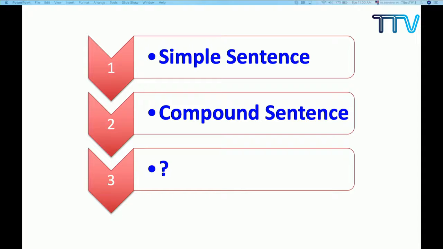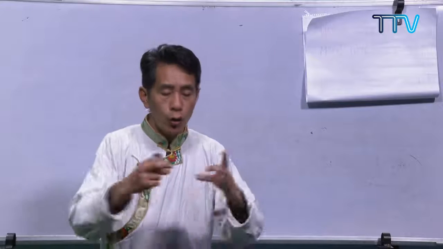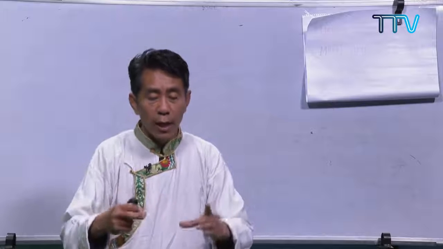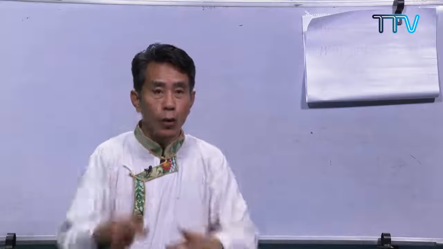Now, in the first session, we learned about the simple sentence. A simple sentence is an independent clause. Compound sentence: two independent clauses. Two simple sentences are joined together, and we call it a compound sentence.